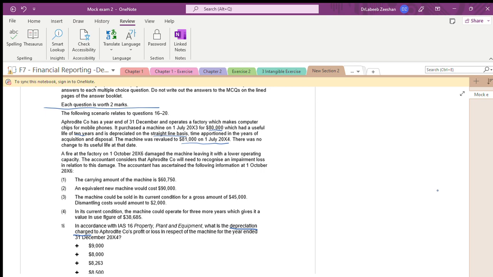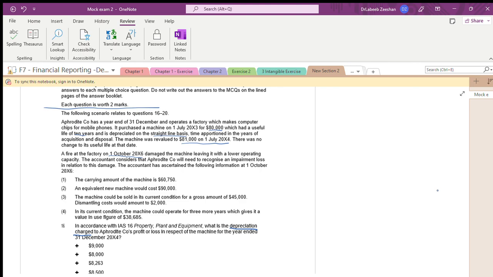And a fire at the factory damaged the machine, leaving it with a lower value. Is it 2006? It is 2004, means after this. The accountant considered that the company will need to recognize the impairment loss for the damage.